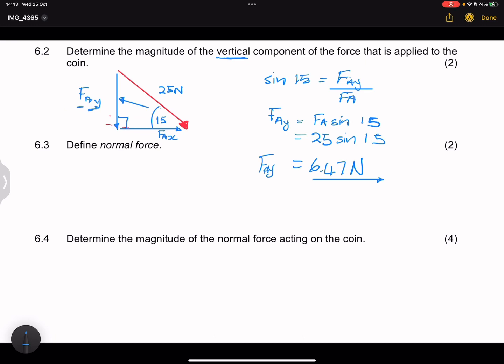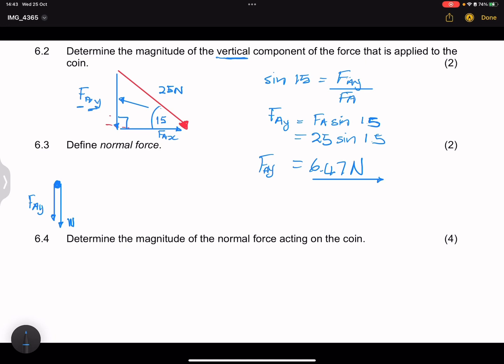Now, right, guys, I want you to please remember this. So we're looking for the normal force. I want you to think about this. So we've got forces that are vertical, right? We would have, remember that FAY value is acting downwards, right? And we've got the weight of the object, okay, which is also acting downwards.